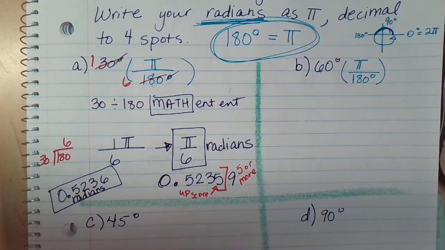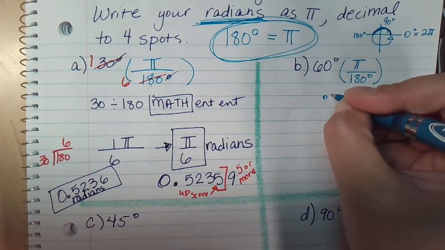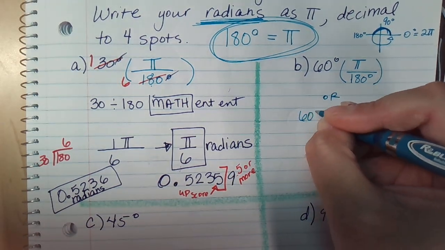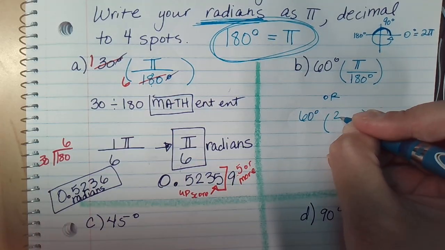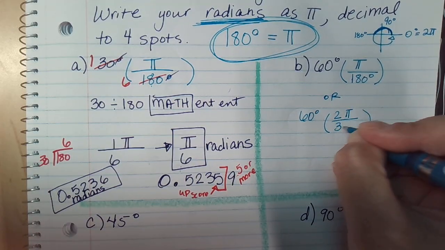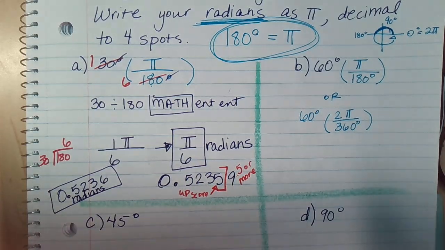And some of you might be asking, hey, can we use 2 pi and 360 instead? 100%. Yeah. So if you wanted to say 60 degrees is multiplied by 2 pi over 360, you could do that. Either one.